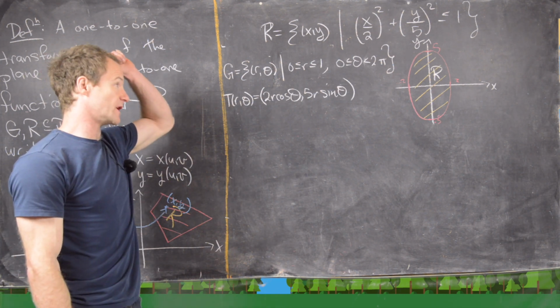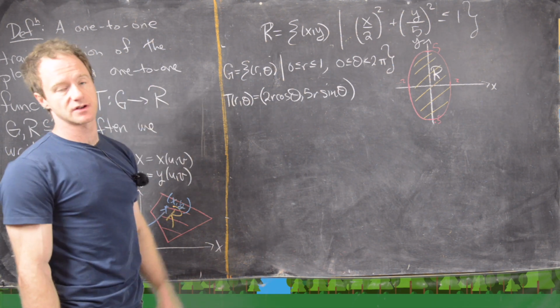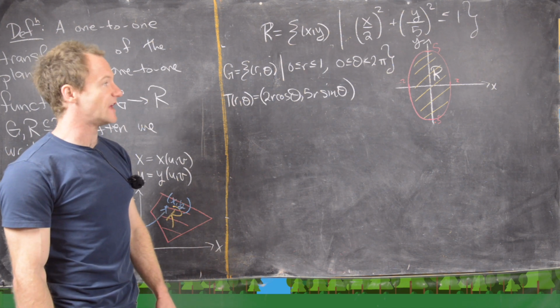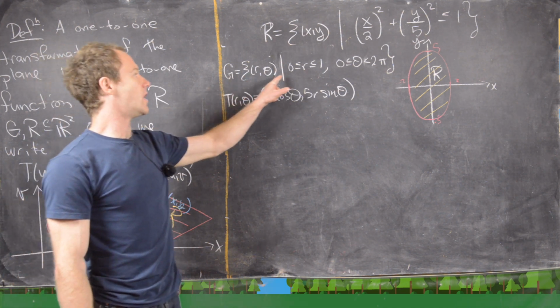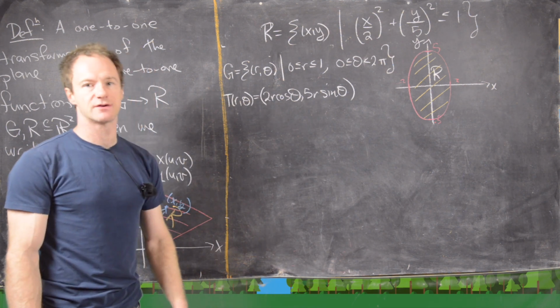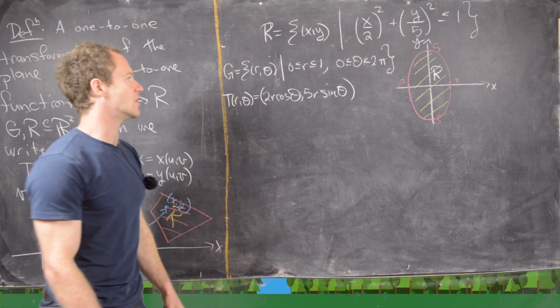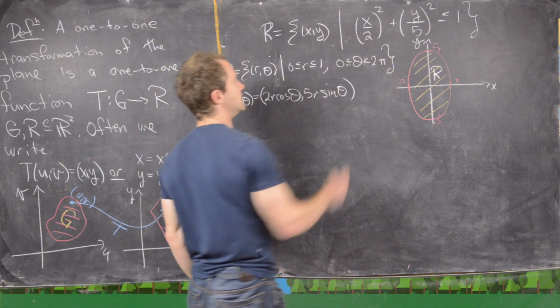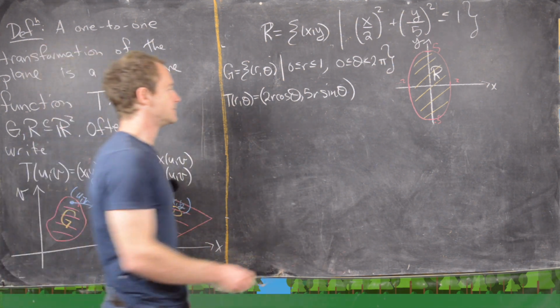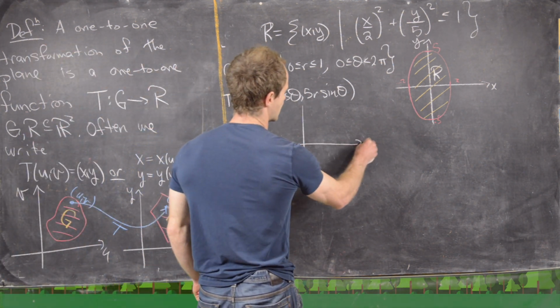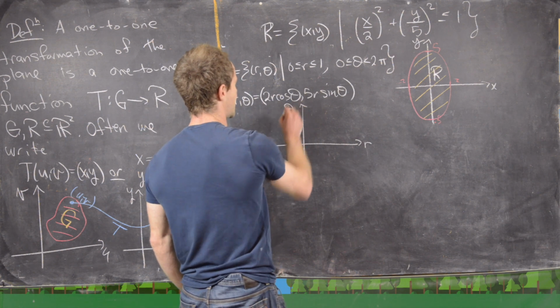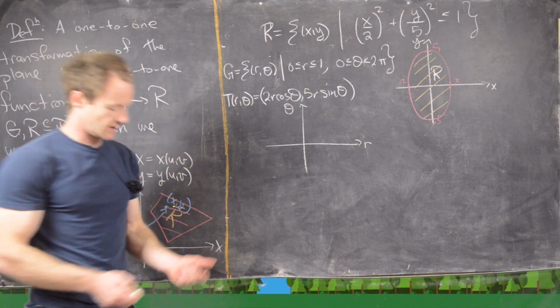Now the next thing we want to do is look at what this region looks like in the r theta plane. So notice we also argued that r needs to go between 0 and 1, and theta needs to go between 0 and 2 pi, not including 2 pi. So let's see. That means over here in the r theta plane, we have the following picture.